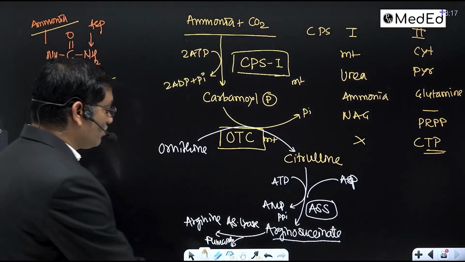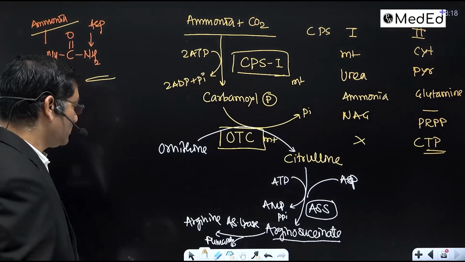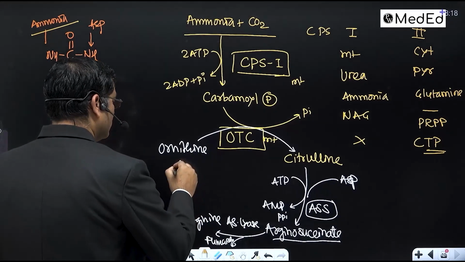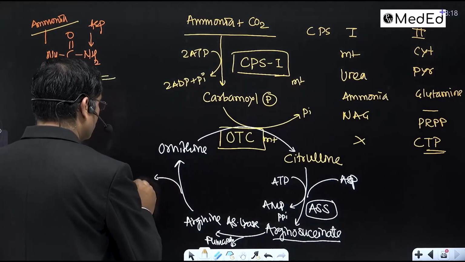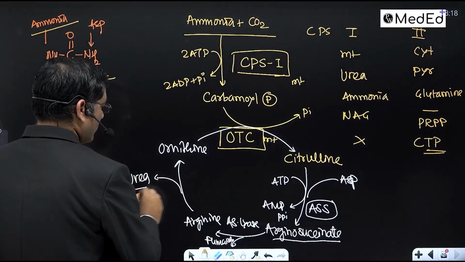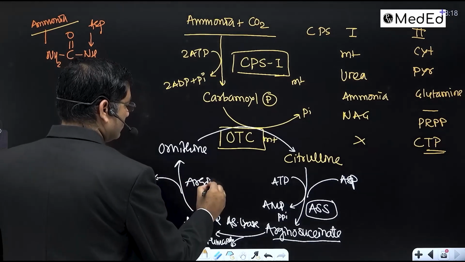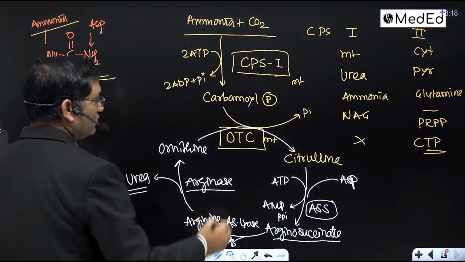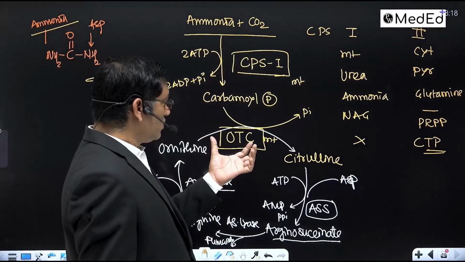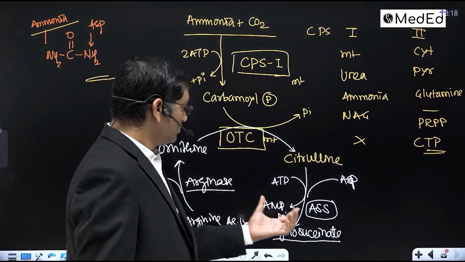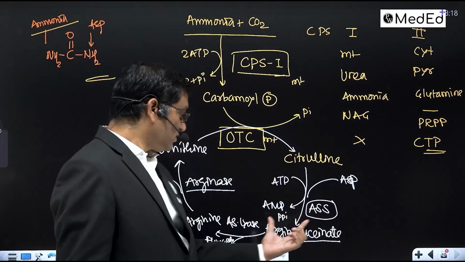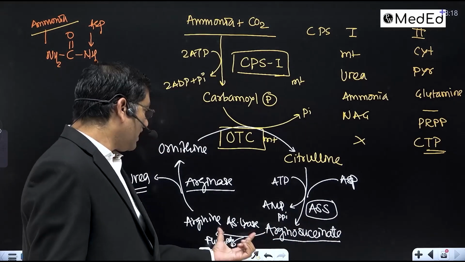The fumarate is utilized in the TCA cycle, and arginine is converted into ornithine with the liberation of urea with the help of arginase. So: CPS1, ornithine transcarbamylase, arginosuccinate synthetase, arginosuccinate lyase, and arginase.